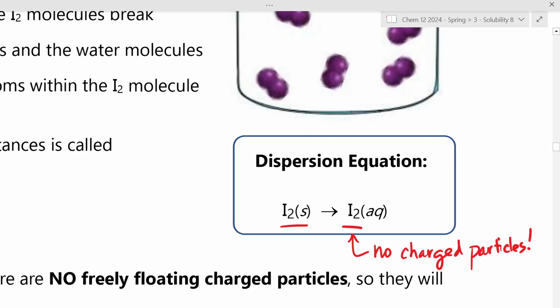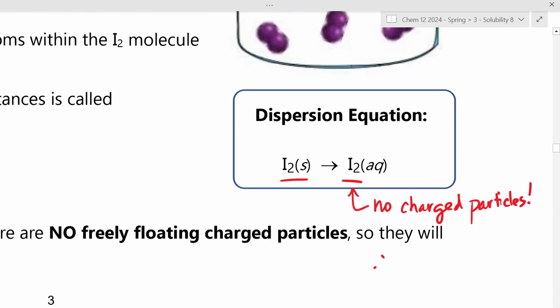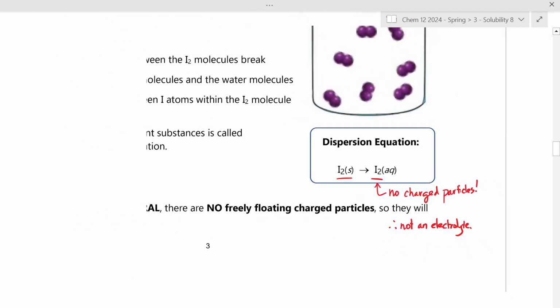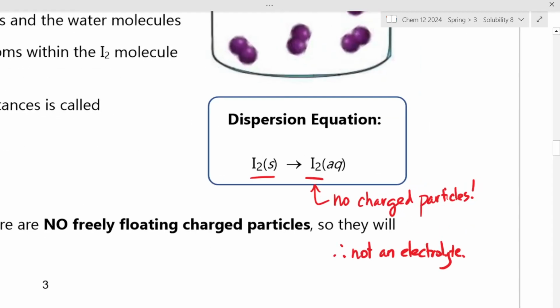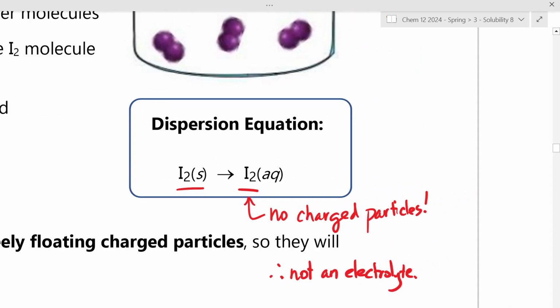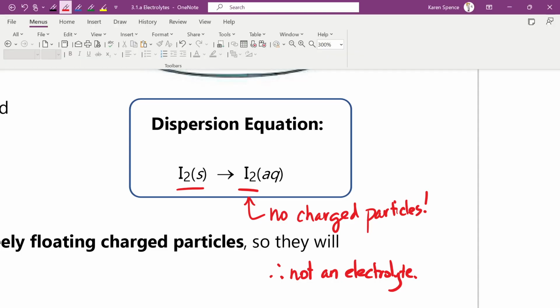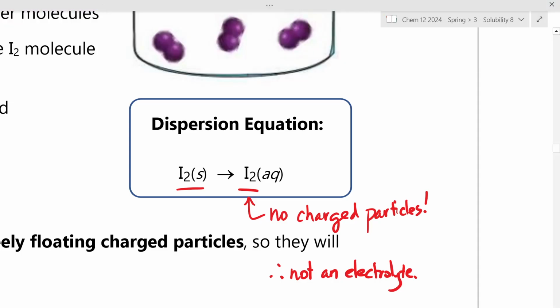No. And so really the only thing that changes when you have something covalent is that it changes its state. It changes from being usually solid or liquid to just becoming aqueous when it mixes with the water, okay?